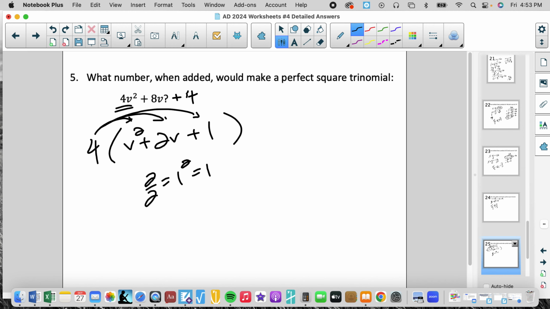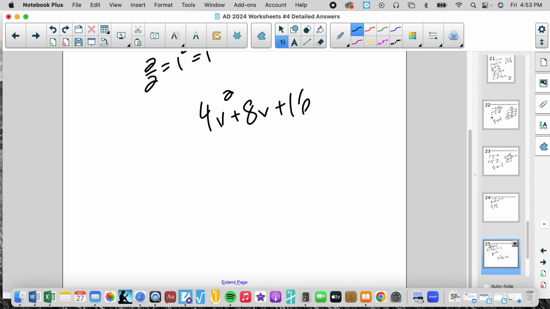Perfect square. So they say it's 16. Let's factor when they say it's 16. So that technically would be the quantity 2v plus 4 squared.